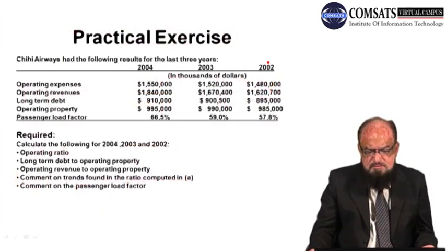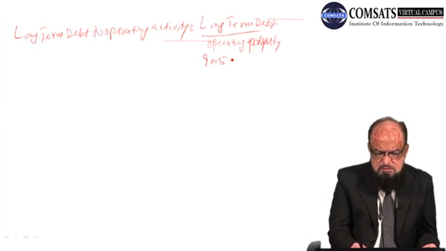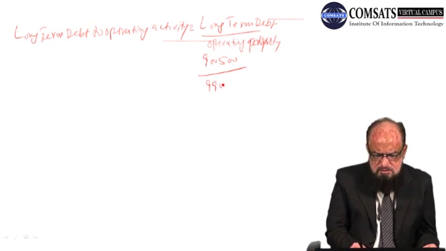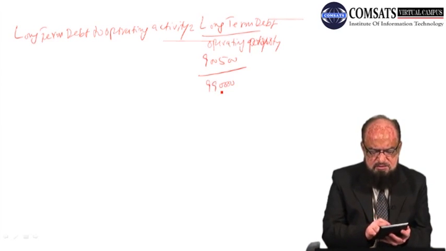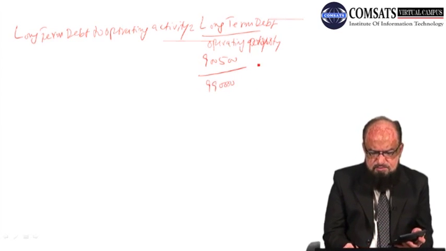Long-term debts are given, that is 900,500, and operating property is also given, 990,000 for year 2003. Calculate it: 900,500 divided by 990,000 multiplied by 100, which is 90.96%.